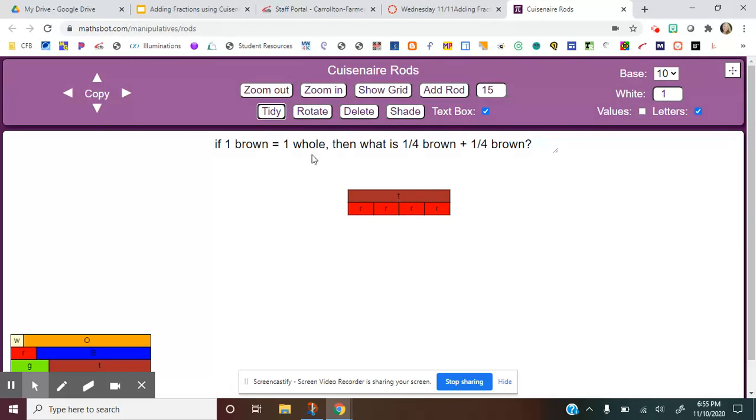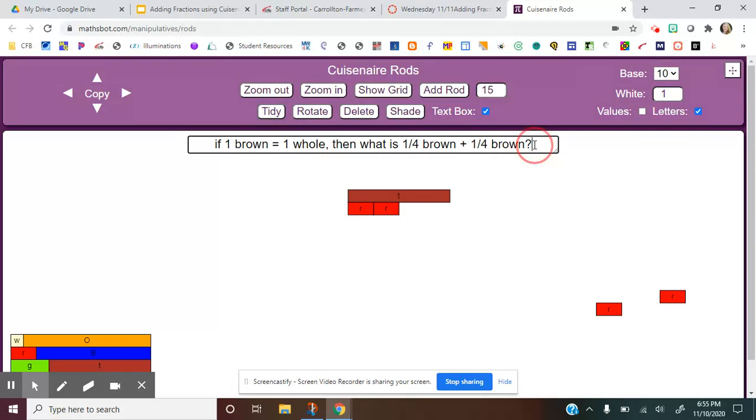So if one brown equals a whole, then what is 1/4 of a brown plus 1/4 of a brown? My 1/4 of a brown would be one red. I don't think I'm going to need all these, and I'm not going to tidy everything again because it'll get rid of it all, right? So 1/4 of a brown plus 1/4 of a brown looks to be equal to 2 reds.